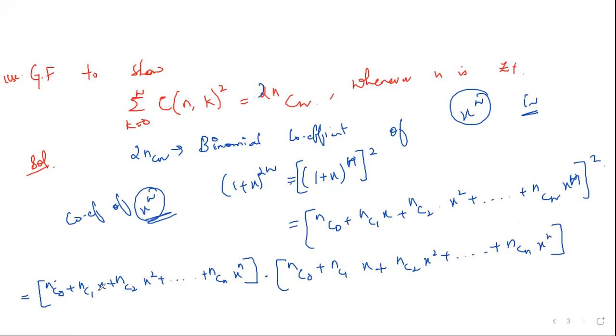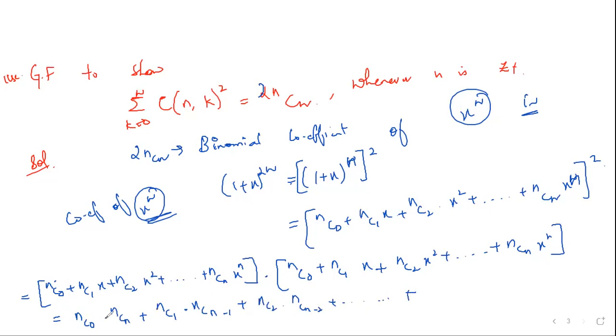Similarly, NC1 if we multiply it with NCn minus 1, it will be x power n minus 1 and here we will have x power 1, so it will again be x power n. So the coefficient of that will be NC0 into NCn plus NC1 into NCn minus 1 plus NC2 into NCn minus 2 plus and so on.